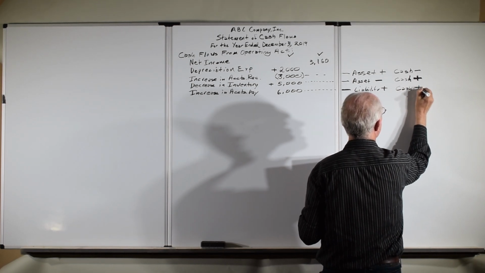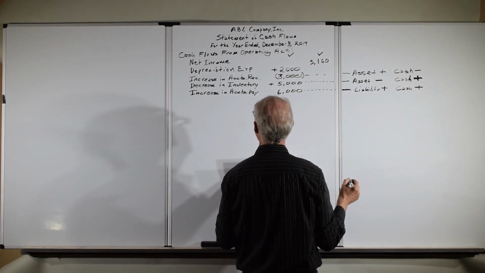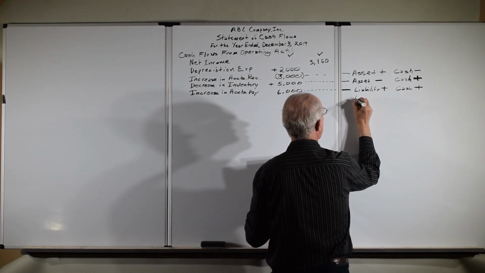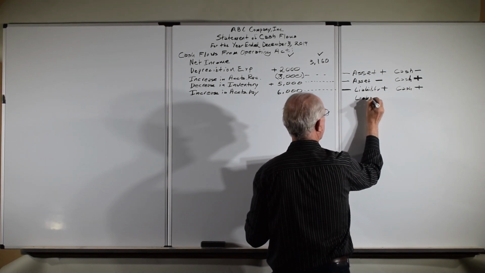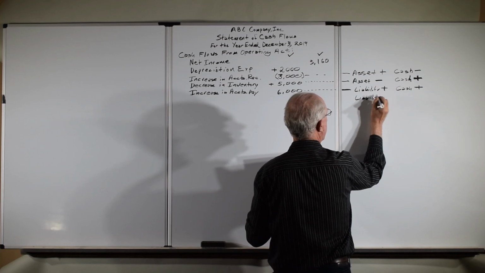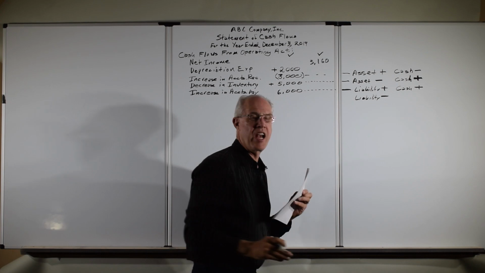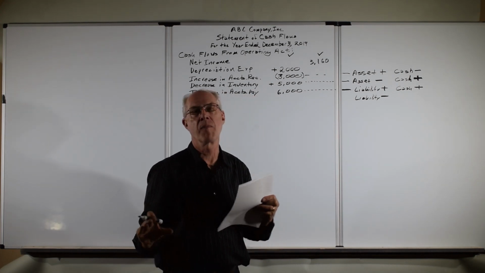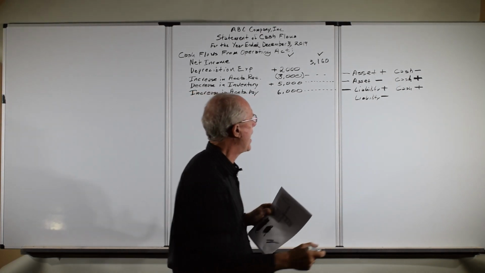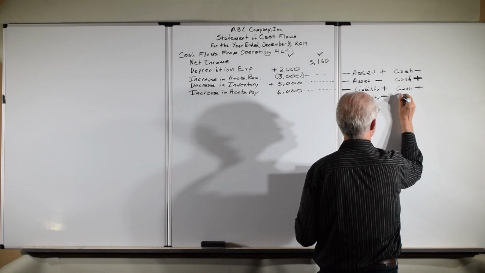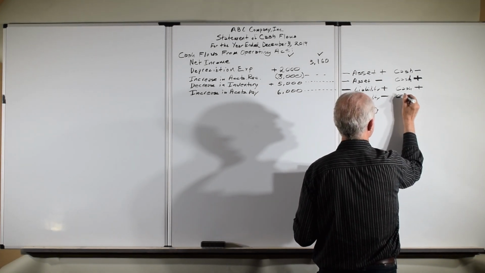And if a liability decreases, cash is going to change in the same direction. It's like we paid it off with cash, so cash is going to decrease as well.